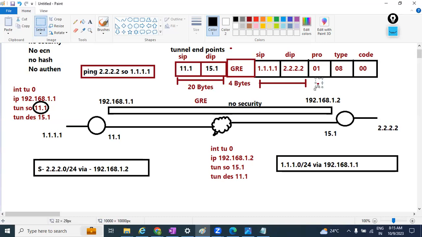This GRE is a route-based VPN also. Both are the same. This is only a route-based VPN. In the GRE flavor, what we are doing is point to point. In the upcoming classes, we have to talk about multi-point, that would be MGRE.